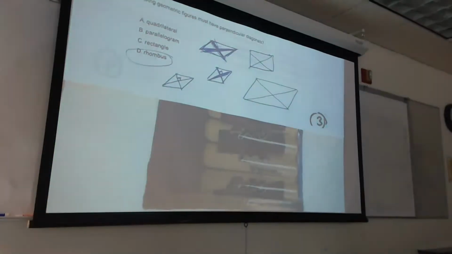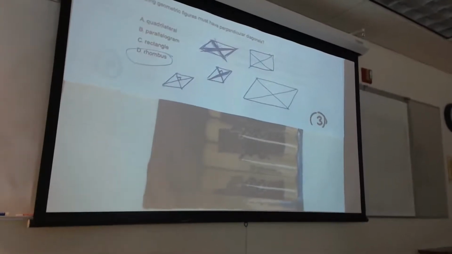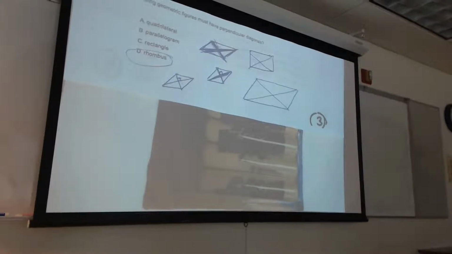For a rhombus, the sides should all be the same size. But that also just goes down to understanding the definitions or the characteristics of them. So the only one that must have perpendicular diagonals is a rhombus. Now a rhombus is also a parallelogram and a quadrilateral. So it's kind of like a square is a rectangle, but a rectangle is not a square.